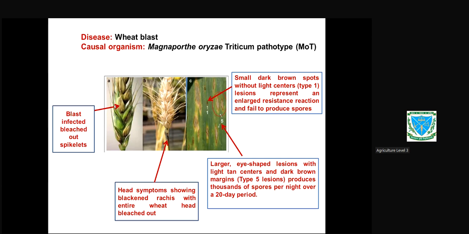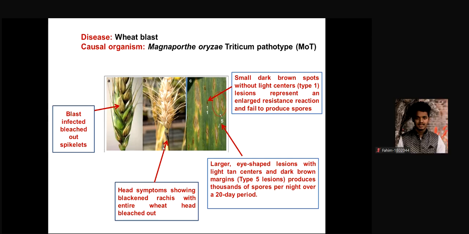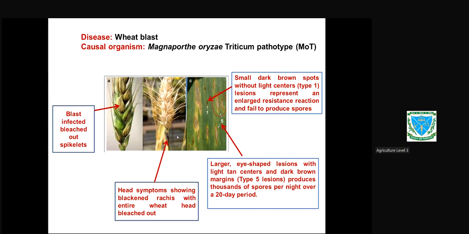Usually the wheat head is green in color, but if the pathogen attacks, then you will see it bleached out. Bleached out means the color changes from green to straw color, or burning, something like that on the spikelets. And if you closely observe, you can see blackened or black discoloration at the rachis of such infected heads.